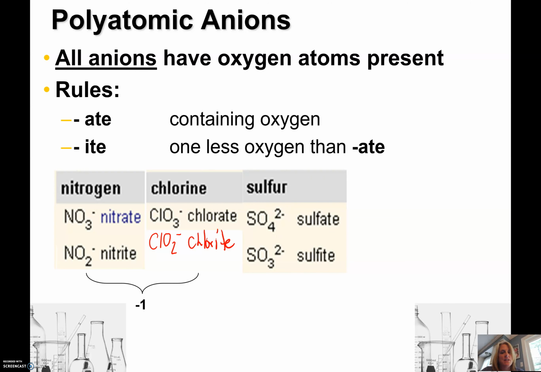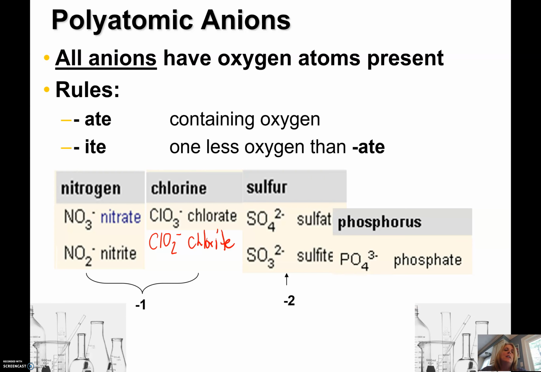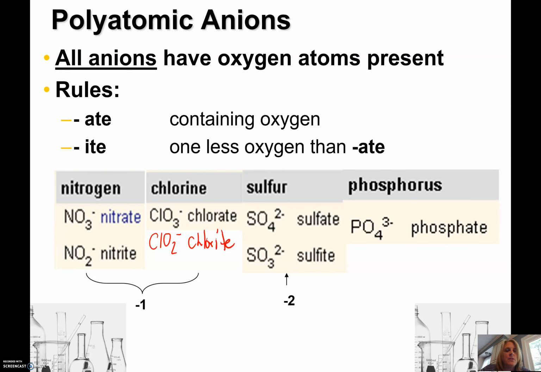Now you'll notice this has a charge of -2. And then we have our phosphorus one, that's our phosphate. You do not have to know phosphite though. So that one, the ite version you don't have to know, but the chlorite version you do. So I'm not quite sure why it's not on this little slide here.